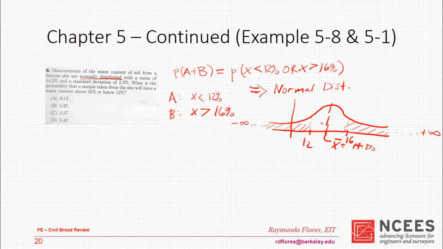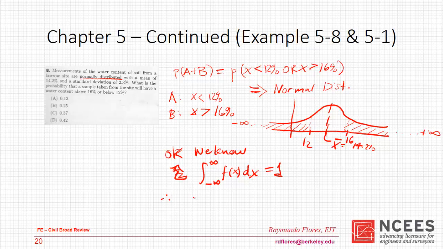In order to do that, there are two ways. Because we know that the area under the entire curve is going to be 1, we can subtract the area of what's inside. So we know that the integral from minus infinity to infinity of any distribution is equal to 1.